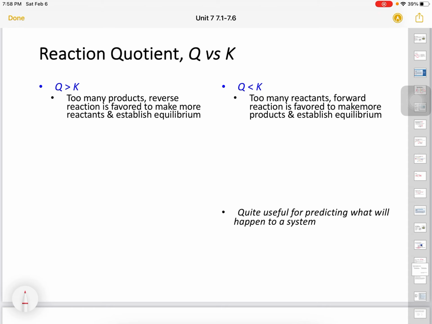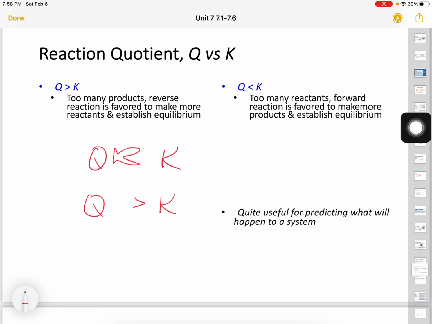So the way that I remember this, the Q equaling K is easy. I think back to elementary school, the greater than, less than sign. So if I list it as Q and K, right? And Q is on the left and K is on the right. And if Q is less than K, I think of I'm an idiot, right?